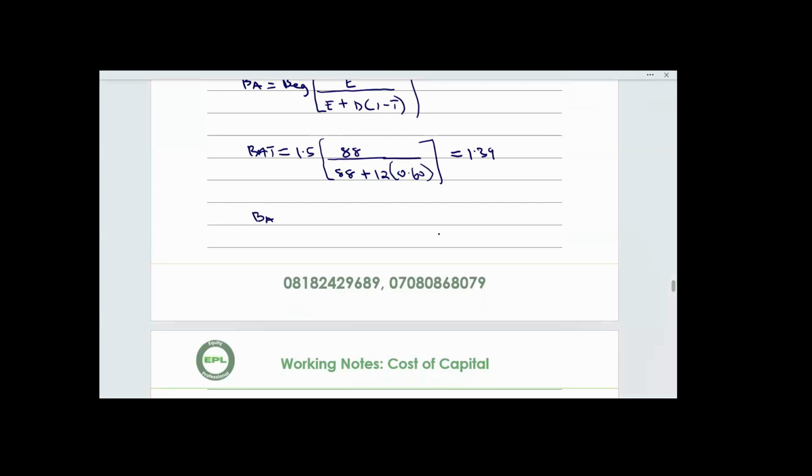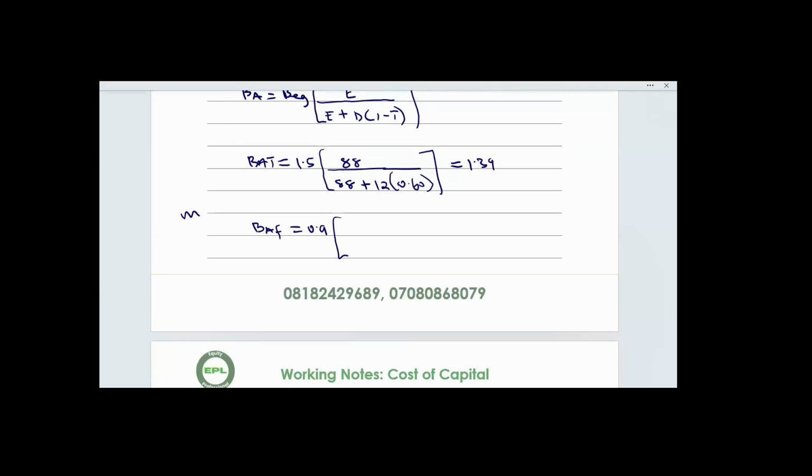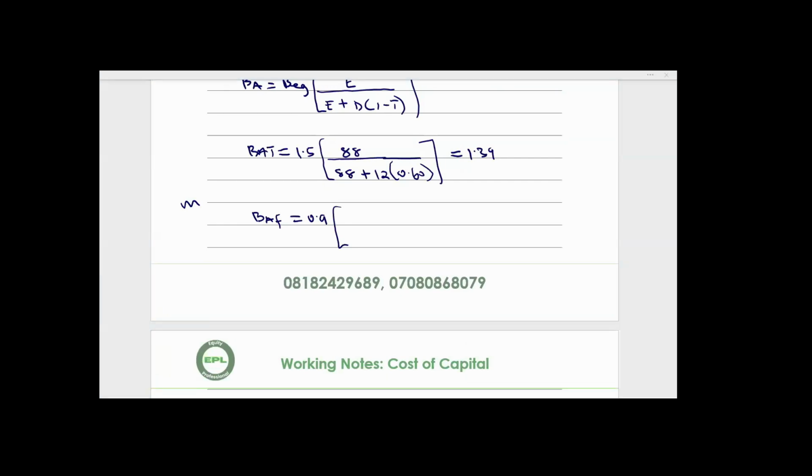So for financial service, beta asset of financial service, we identified beta to be 0.9. The equity value of financial service will be 75, since we are told in the second paragraph that the debt to total market value of financial service is 25%.